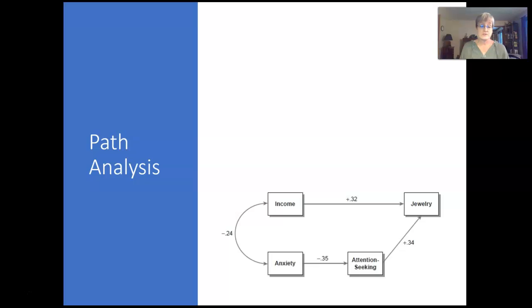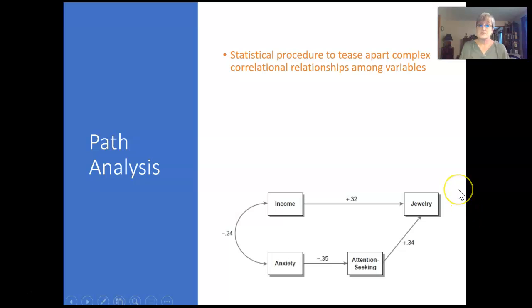If you're a researcher using lots of correlational data and you want to get a handle on a system of variables and how they might be interacting with one another in terms of producing a particular outcome, path analysis is a procedure that can help you do that. Essentially, you think of path as what's the pathway and what kind of stops am I making along the way to get to a particular causal outcome.